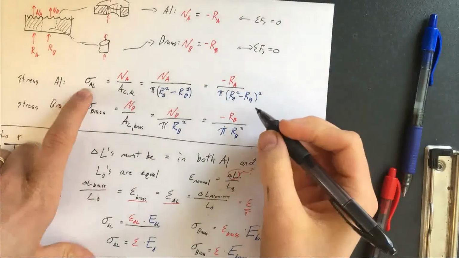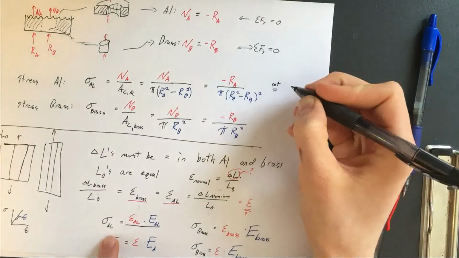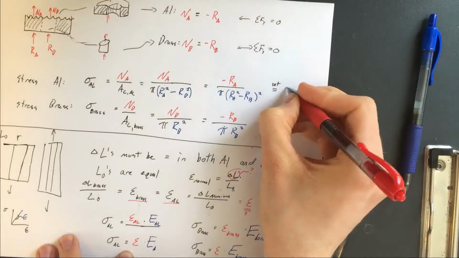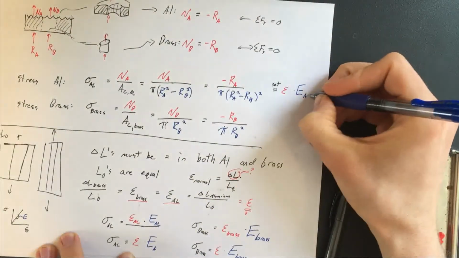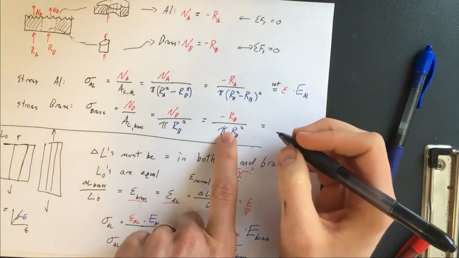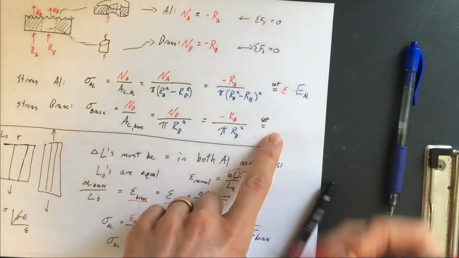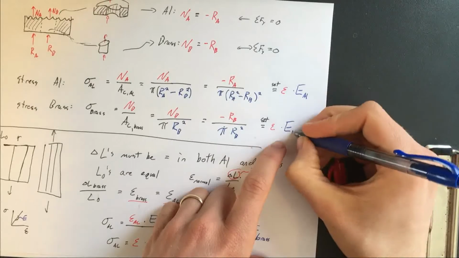Here I have my stress in the aluminum section, and I can set that equal to the stress formulated in terms of strain in the aluminum section. That's going to be strain times the modulus of aluminum. And I can set the stress as formulated in terms of reaction forces and cross-sectional area equal to the strain times the stiffness of brass.